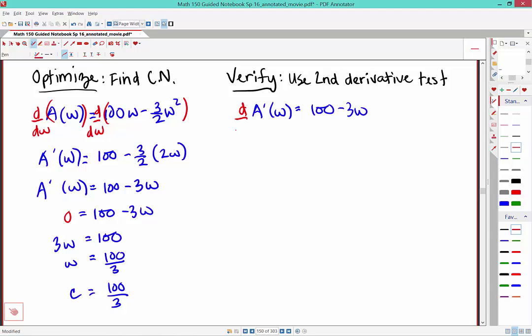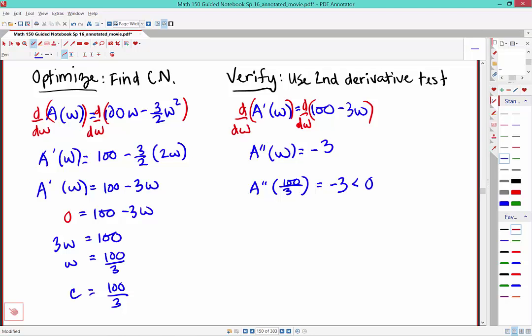Differentiating both sides with respect to W, we will get A double prime at W is equal to -3. And then plugging in our critical number from finding the zeros of the first derivative, A double prime at 100/3 is still going to be -3, which is less than 0, which implies a relative max.